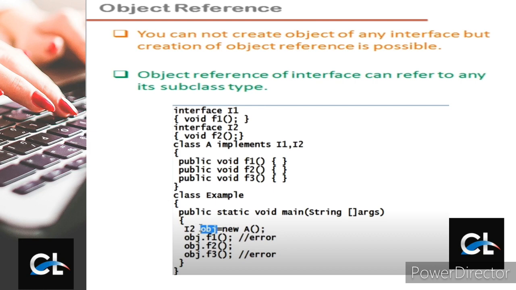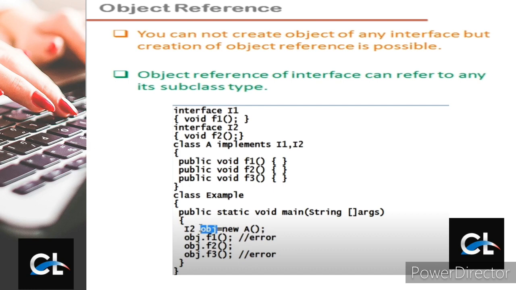After that, if I call f1, f2 and f3 by writing obj.f1, obj.f2, obj.f3, then in the first case, while calling obj.f1, we will get an error, the last one will also get an error, but the second one is absolutely all right. What is the reason behind it? obj is not an object here, it is used as a reference variable, and the data type is the interface I2.